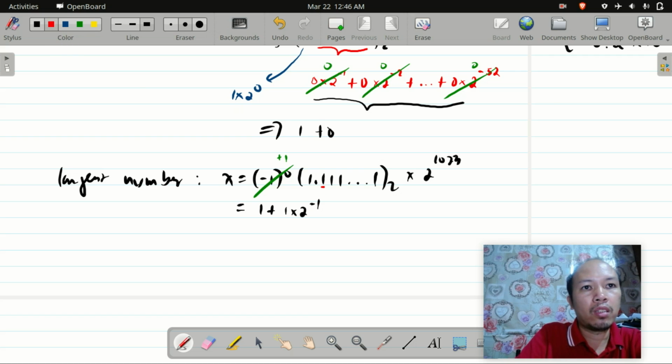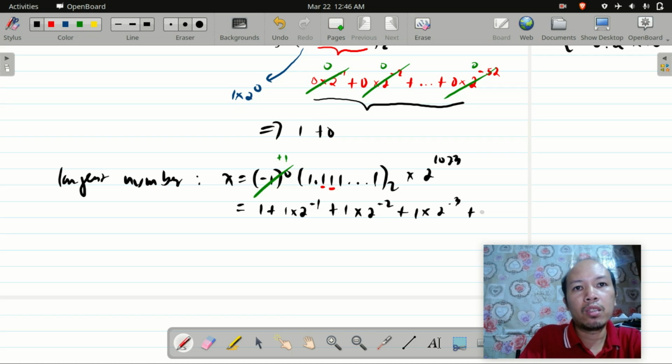For the second, we have 1 times 2 to the negative 2, plus 1 times 2 to the negative 3, and so on and so forth, up to 1 times 2 to the negative 52. So we will multiply it by 2 to the 1023.